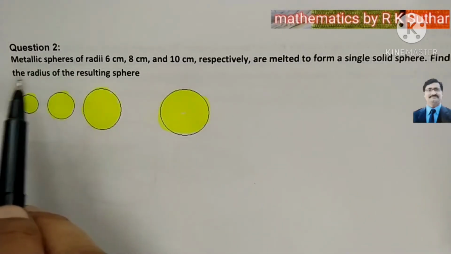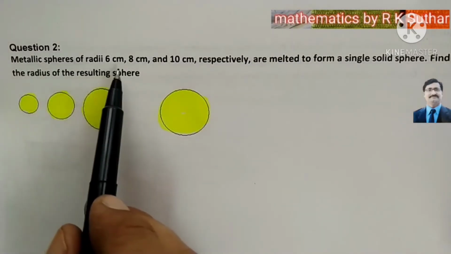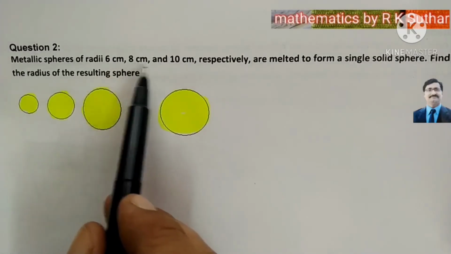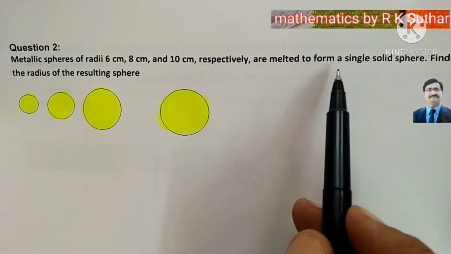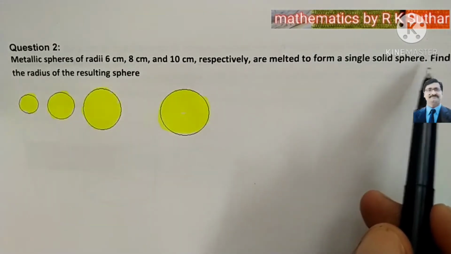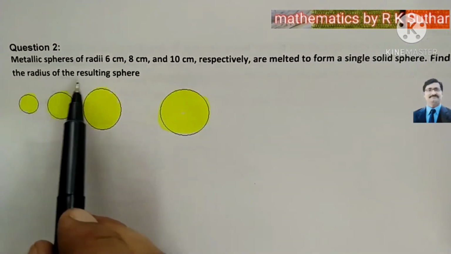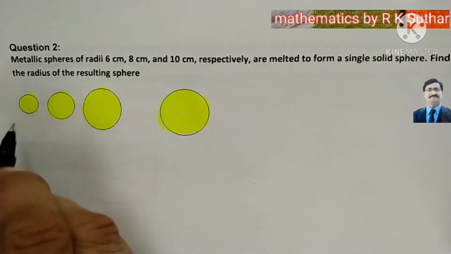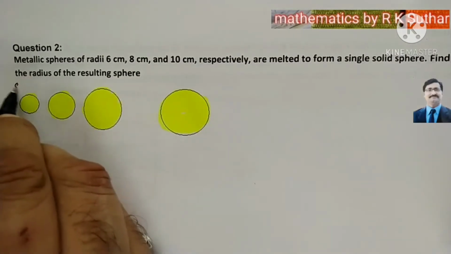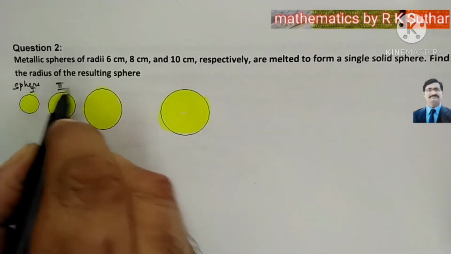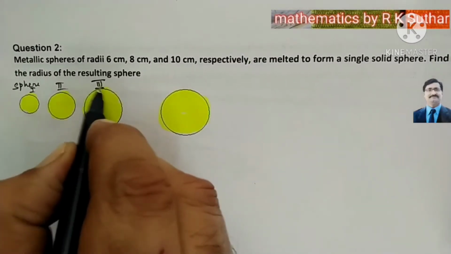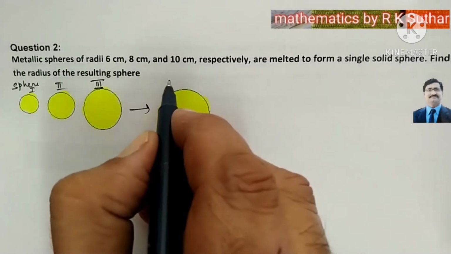Look at this question. Second: metallic spheres of radius 6 centimeter, 8 centimeter and 10 centimeter respectively are melted to form a single solid sphere. Find the radius of the resulting sphere. Look here, this is the first sphere, this is second, and this is third, and these spheres are melted and recast into a big sphere.